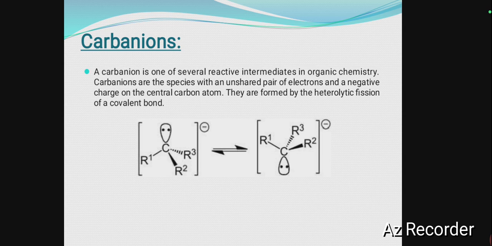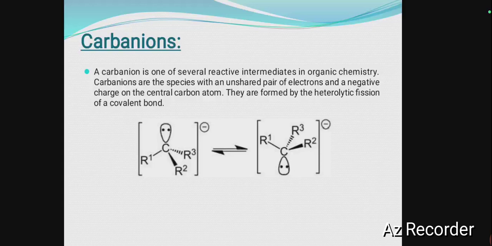Carbanions are the species with an unshared pair of electrons and a negative charge on the central carbon atom. As we discussed in the last session, carbocations are carbon atoms bearing the positive charge, and these are electron deficient species.